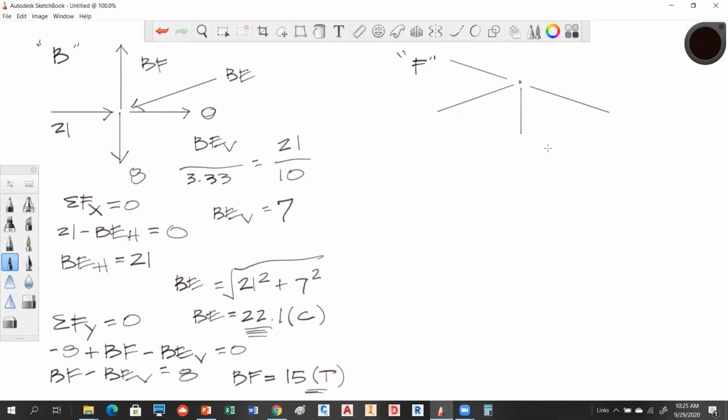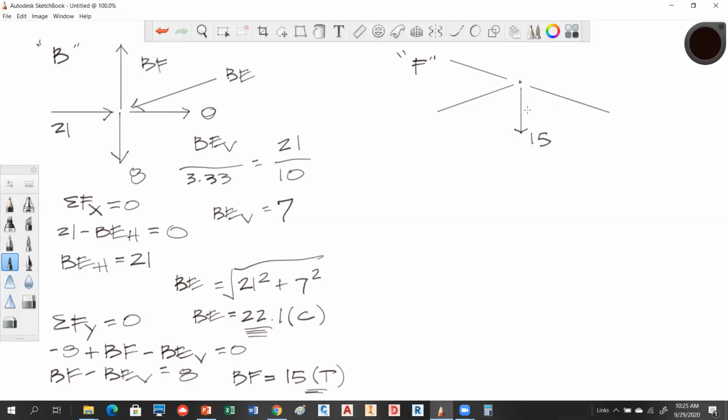So I'm going to start with the vertical component. BF, we just solved BF to be a tension member, is that correct? Tension? So this guy is going to be acting like this, 15. Now I have to go back and look. We had modeled this member right here, that's GF. We had calculated that as a tension member, I believe, right? Was that tension?